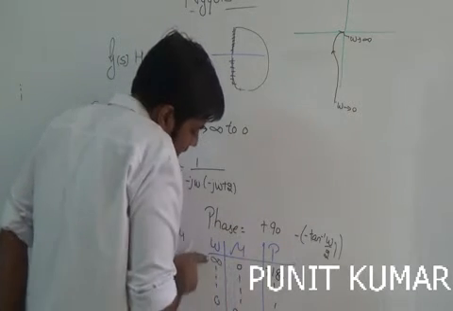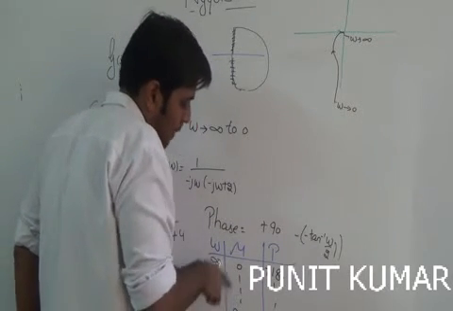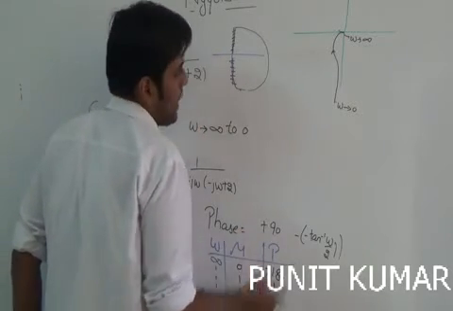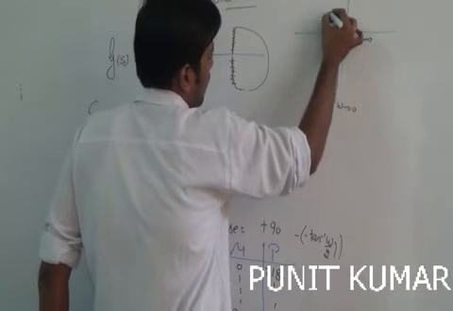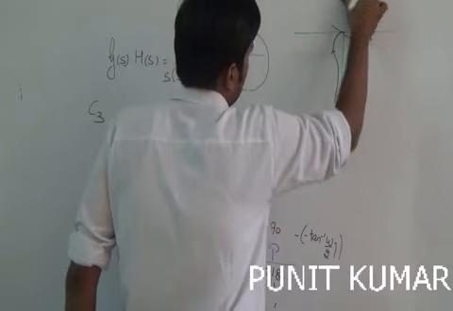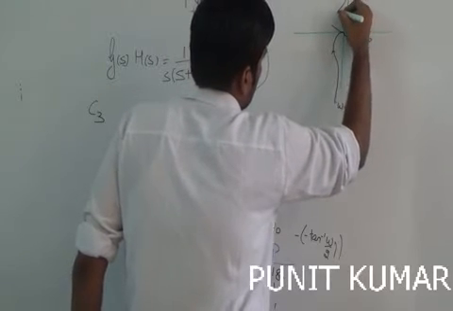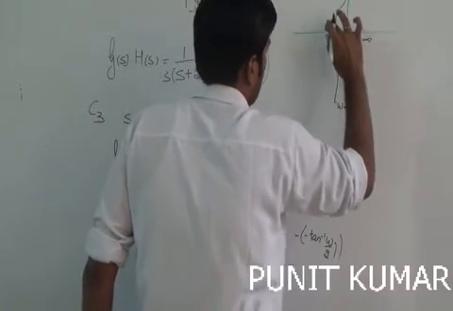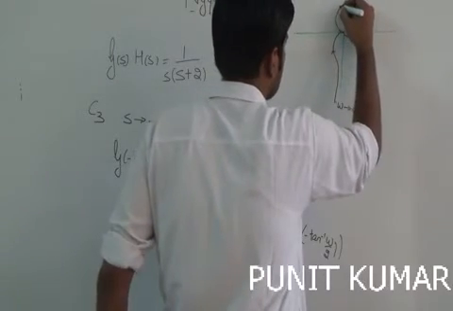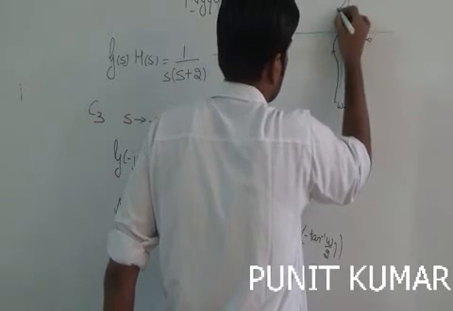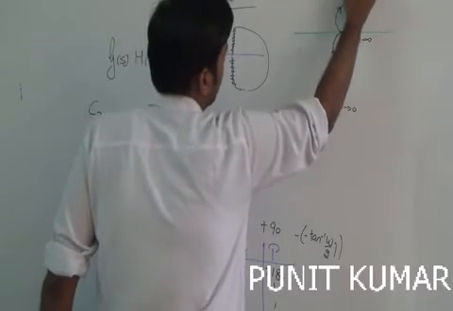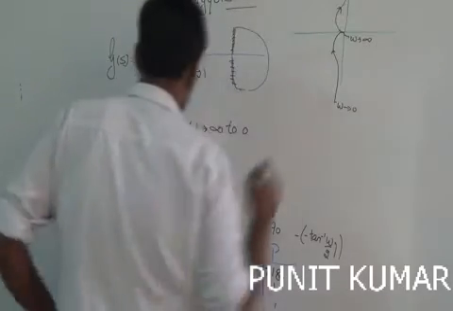Then as omega decreases from infinity to 0, magnitude is increasing and phase is changing from plus 180 to plus 90.